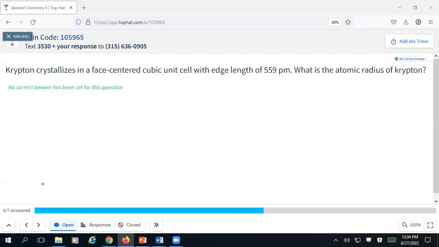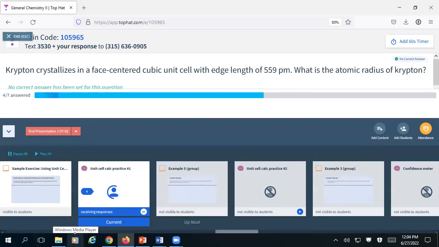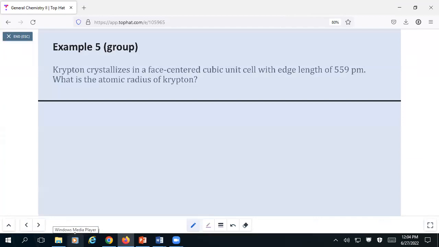All right, let's see how we did. So this one should have been a relatively straightforward kind of application. We're talking about a face-centered cubic cell, and we know its edge length, so this is our value of L. It's asking us for the atomic radius R. So R in a face-centered cubic is equal to the square root of 2 divided by 4 times the edge length.